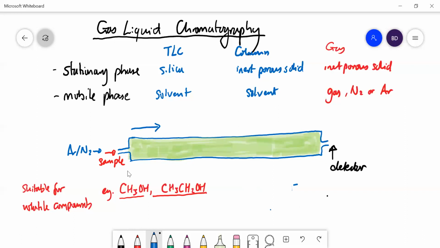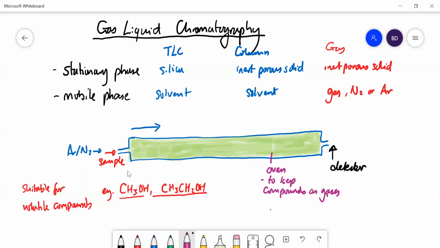This column is very long, and I've drawn it straight here, but in reality it would be curled up to make it fit into a smaller space. And it would be in an oven to keep those compounds as vapors. The temperature of the oven can be varied depending on what kind of mixture you're separating.